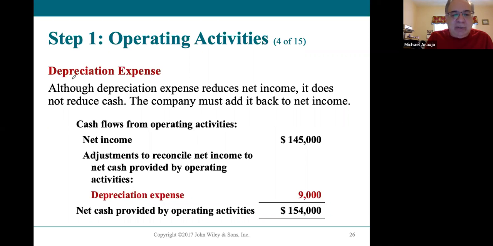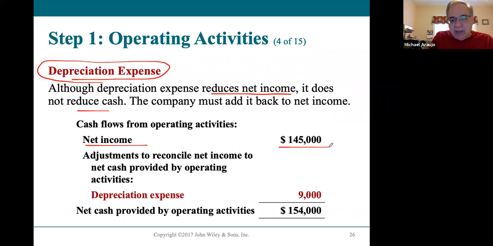Depreciation expense, again, is one of those non-cash expenses. It doesn't really come out of anything. It doesn't come out of the cash. It does not reduce the cash. So the first thing we have to do when we look at it, we take the net income for the company, and the first thing we do is we're going to add back whatever we had for the depreciation expense.